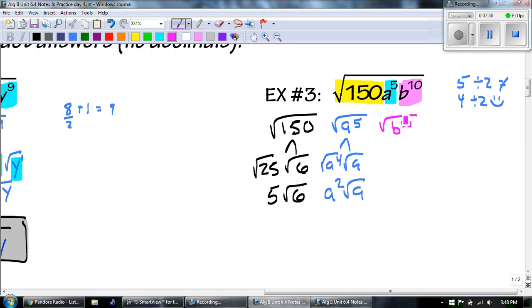I like b to the 10th because 10 divided by 2 works out, and that's b to the 5th. Okay? So I take my 5, my a squared, and my b to the 5th.